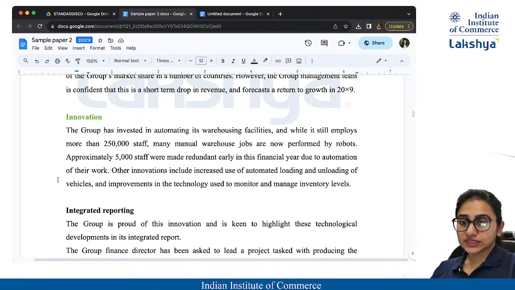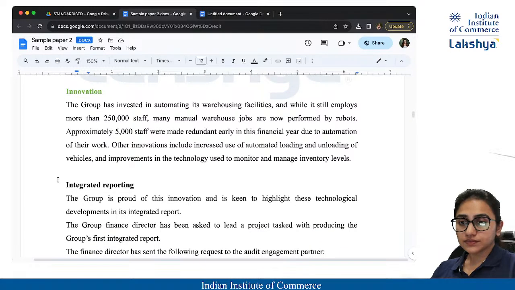Then what about innovation that they have said? The group has invested in automating its warehousing facilities, and while it still employs more than 250,000 staff, many manual warehouse jobs are now performed by robots. Approximately 5,000 staff were made redundant early in the financial year due to automation of their work. Redundant means removed.